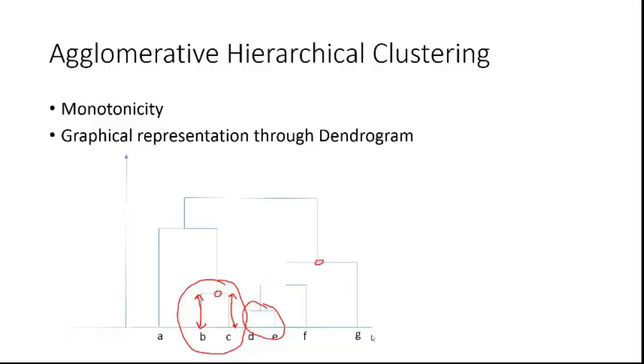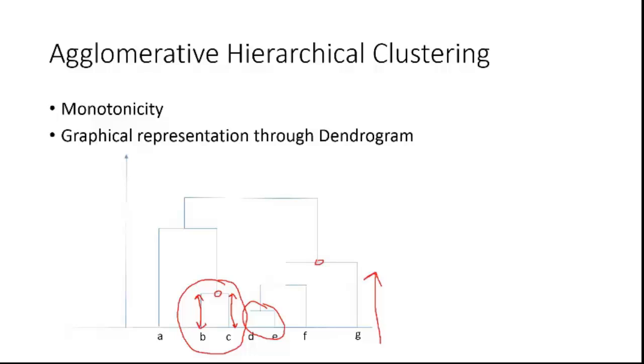So with agglomerative clustering, think that you're going bottom up and you're sequentially making decisions. And so if you chose to put D and E together first, that means D and E would have been less dissimilar to each other than B and C, and that's why D and E were done first, and then B and C were done perhaps later.